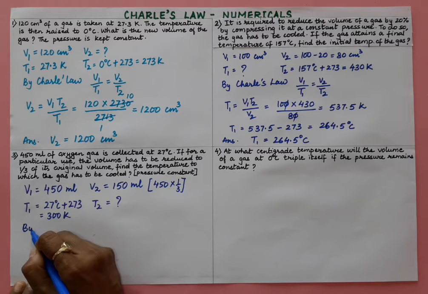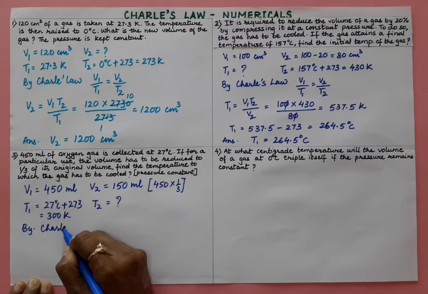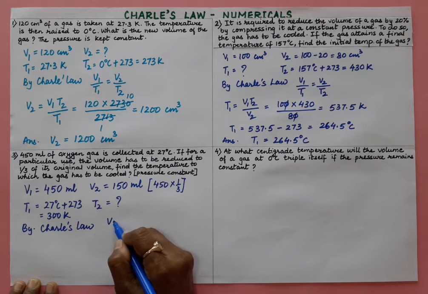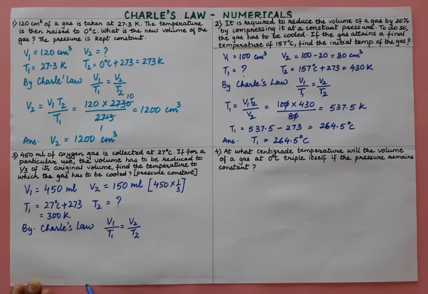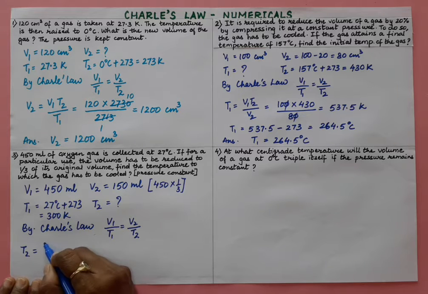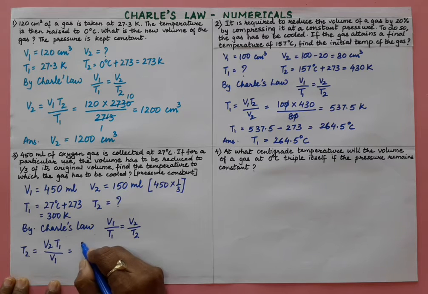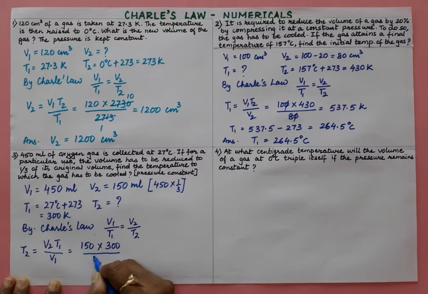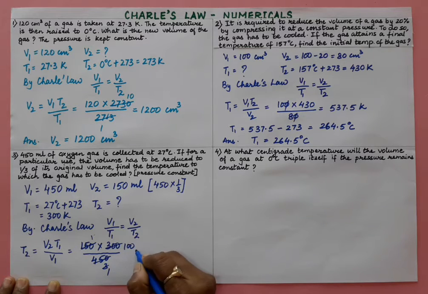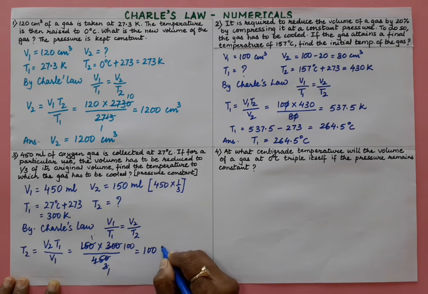Now by Charles' law, the same formula: V1 upon T1 is equal to V2 upon T2. Cross multiply, so T2 is V2 T1 upon V1. V2 is 150, T1 is 300, and V1 is 450. Cancel, and you get T2 as 100 Kelvin.